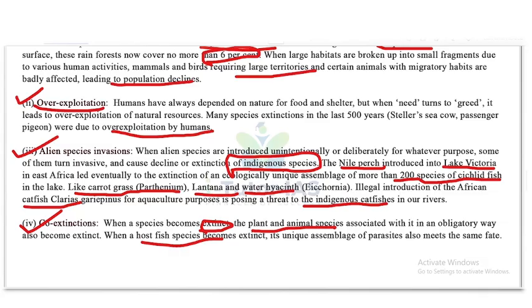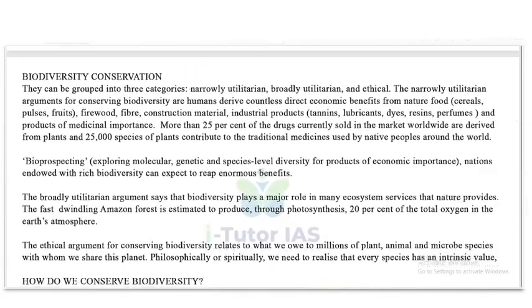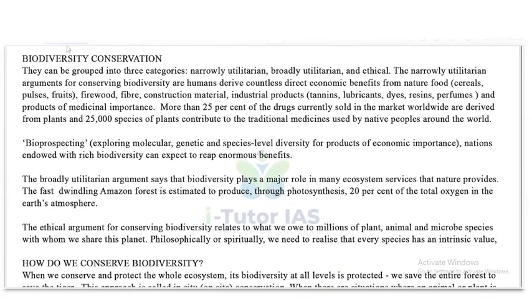Moving on to the next topic, biodiversity conservation. The need for biodiversity conservation can be grouped into 3 categories: narrowly utilitarian, broadly utilitarian, and ethical.